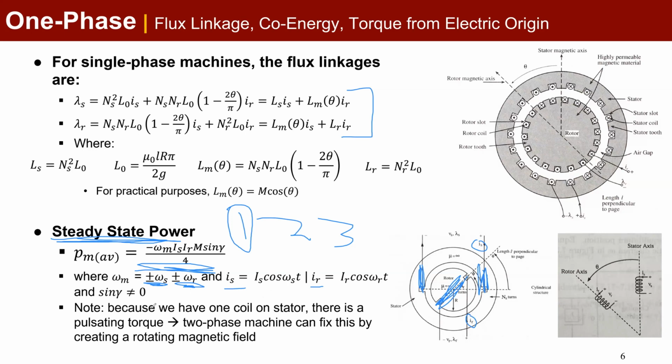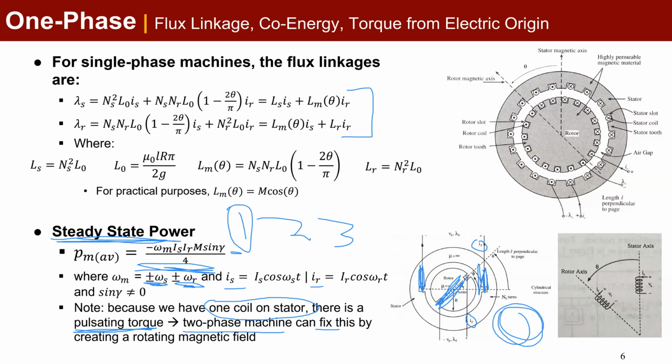One thing we want to know with this is, you can't tell just from this equation, but there's going to be a pulsating torque, and that's because we have only one coil on the stator. What we're going to see is that a two-phase machine will allow us to fix this because it creates a rotating magnetic field, where the magnetic field will continue to rotate.